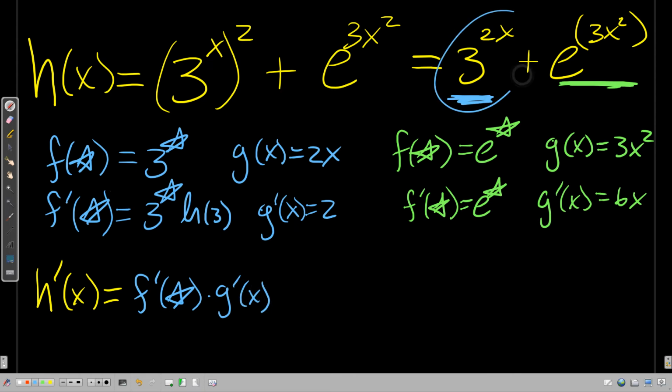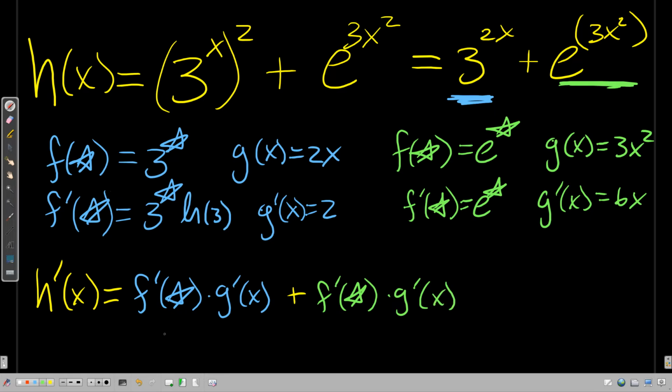That's the chain rule on that part of the function. And then I'm going to have to add the green ones, which is f prime of star, the green version, times g prime of x. Great, so I've got like a template going for you here. This derivative is the chain rule on this part of the function.